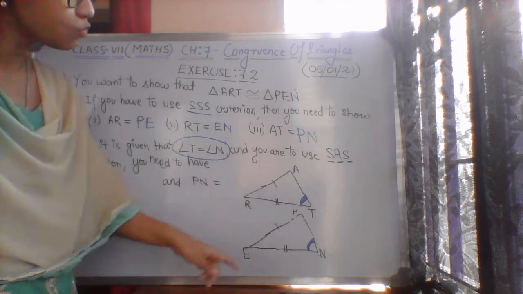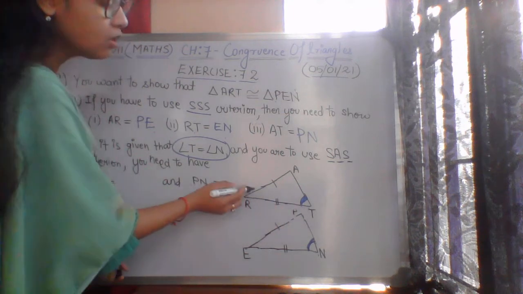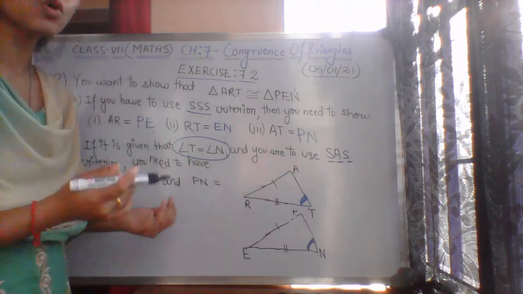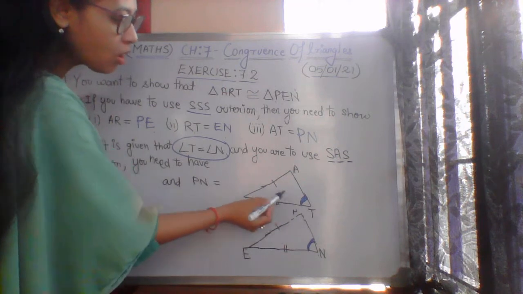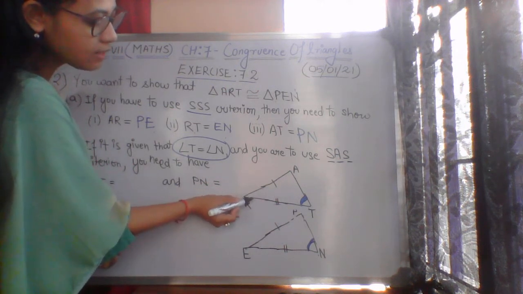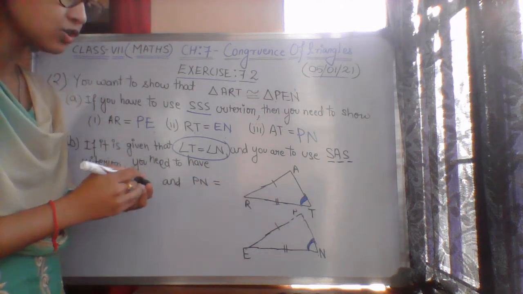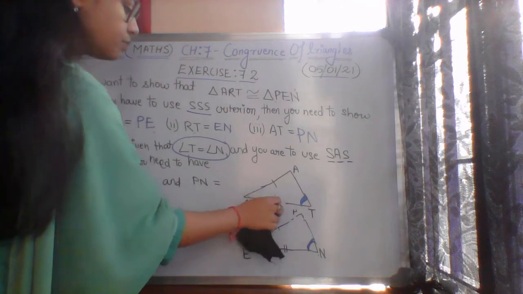Here also you can see one angle and two sides, but that angle is not between the two sides. Between these two sides, which angle is there? This angle, not T. So this I cannot show. What do I have to show?